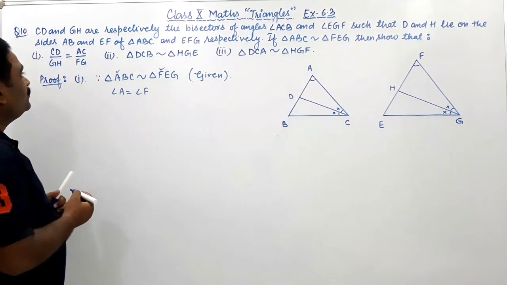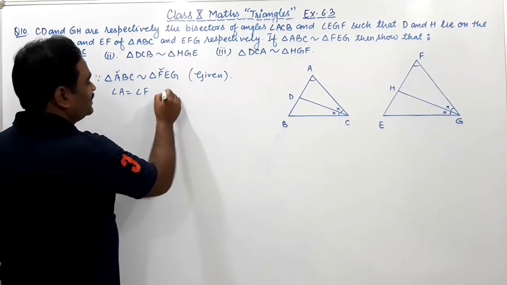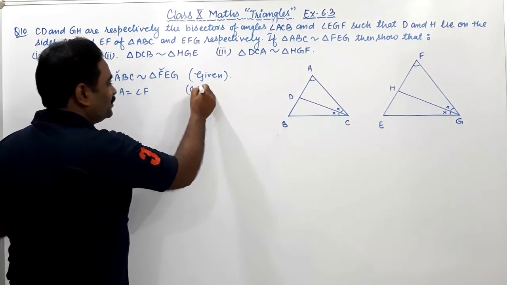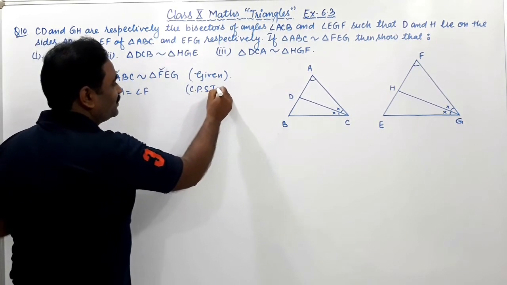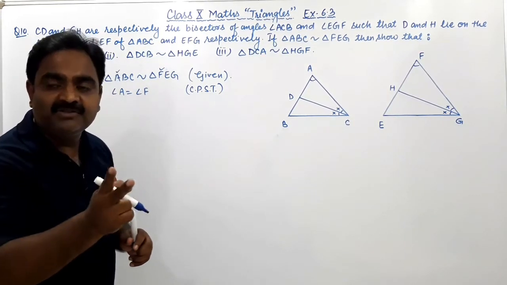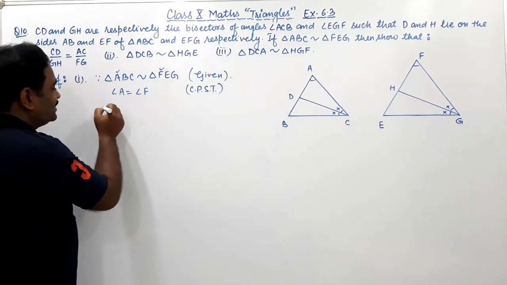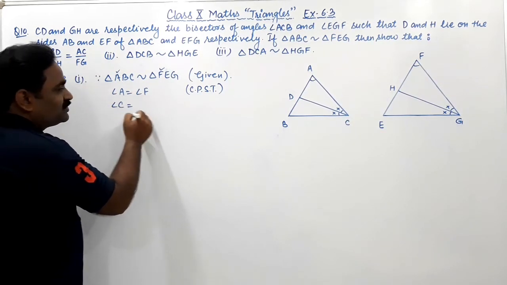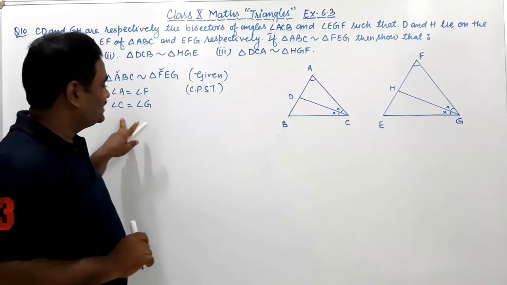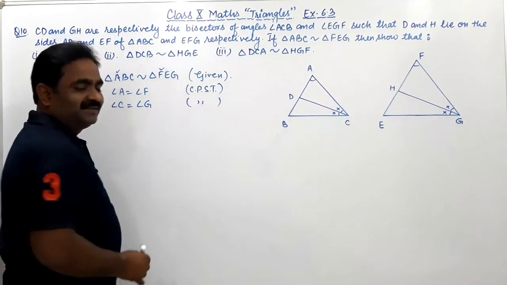Now, second thing, by corresponding parts of similar triangles you can take. So it is corresponding angles. As you know that two triangles are similar, so their corresponding angles must be equal. Okay. Now, angle C is also equal to angle G, angle C is equal to angle G, and the reason is the same, corresponding angles of similar triangles, right?